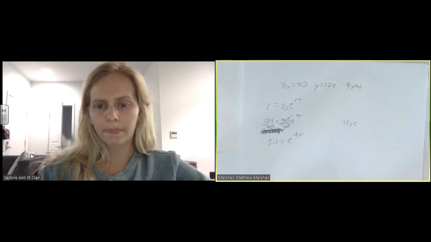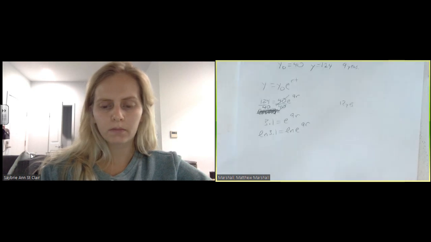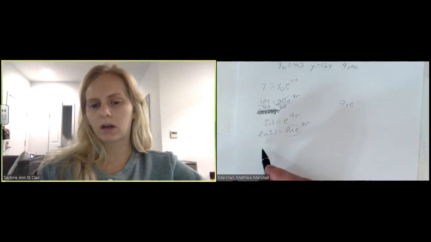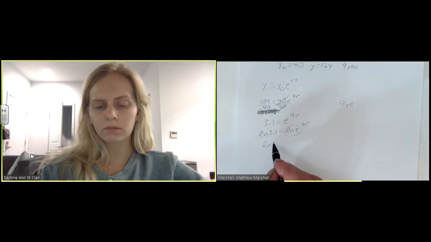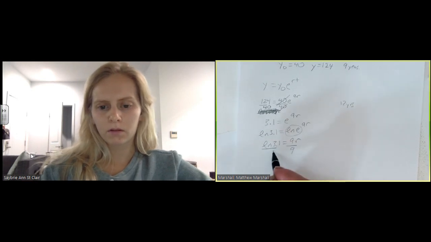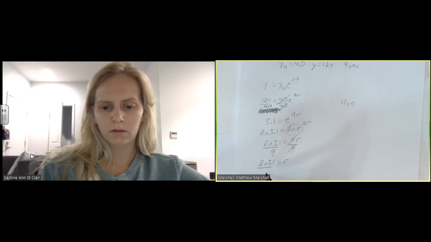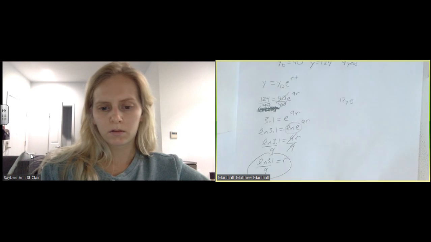Now I'm going to natural log. So natural log 3.1, natural log e to the 9r. Remember, these cancel, and that leaves me natural log 3.1 equals 9r, divided by 9. And that gives me what r is.